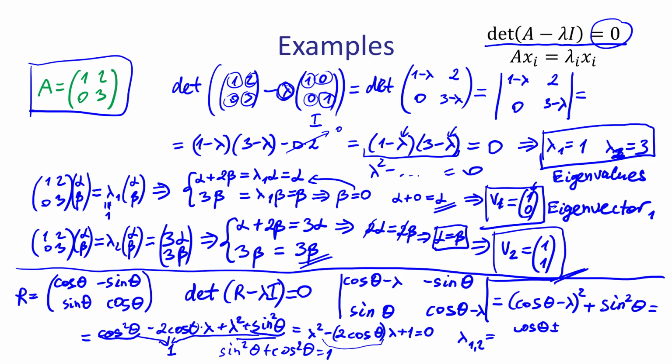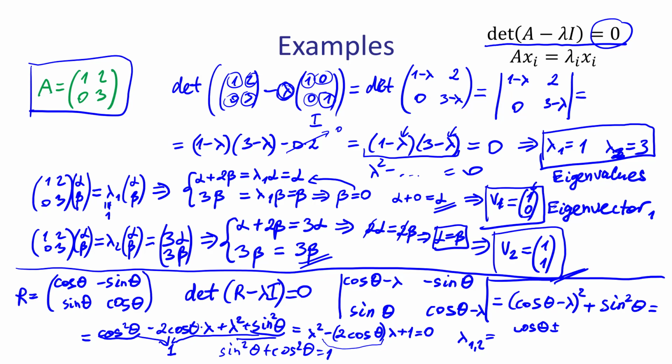Now 2 also could be cancelled here, here, and there, which means you can remove those 2, this 2, and this 2, and then what is left is cosine theta plus minus the square root of minus sine squared theta. But the square root of minus sine squared theta is basically j multiplied by sine theta.